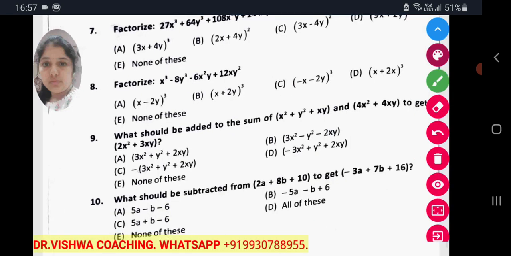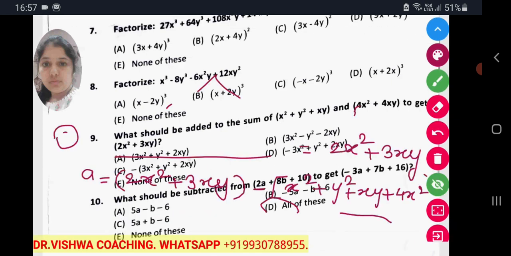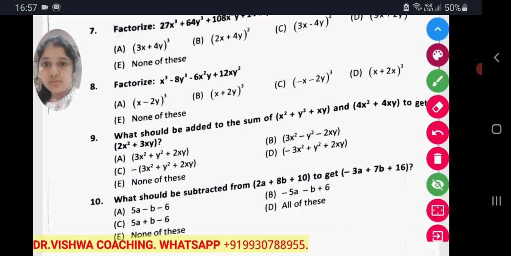So minus sign outside the bracket and 3x square plus y square plus 2xy is option C. This is not the correct answer because all the terms in the given equation are of minus sign. Okay, so the correct answer is option C.